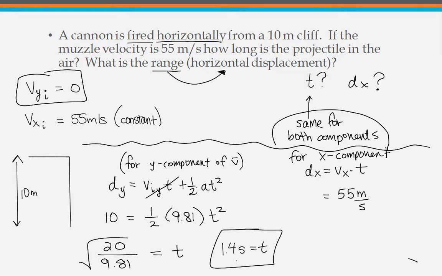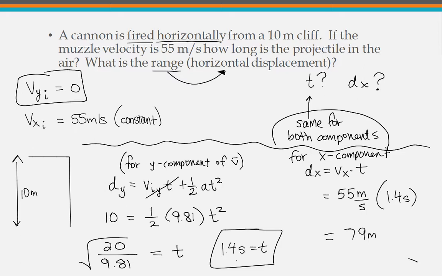Now that 1.4 seconds, you can now slide over here. And you'll get the 55 times 1.4 as 79 meters. Okay, and 79 meters in the direction that you fired it.